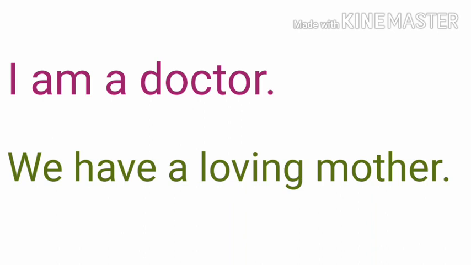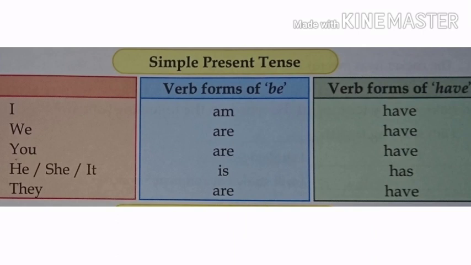Now look at the table. With the pronoun you, we add are and have. With pronouns he, she and it, we add is and has. With they, we add are and have.